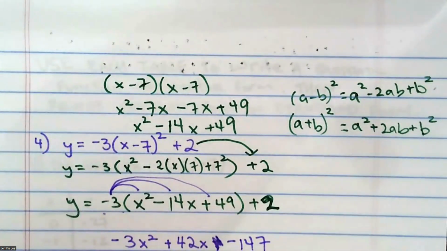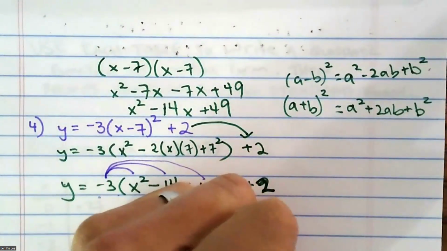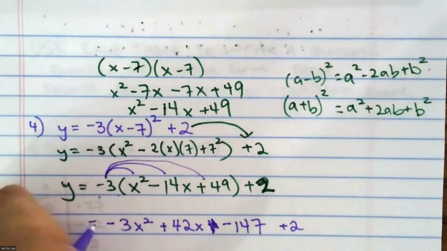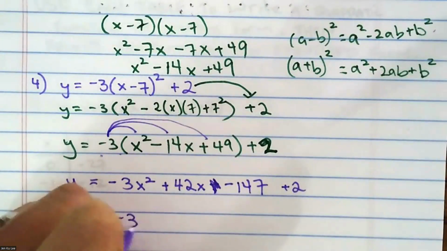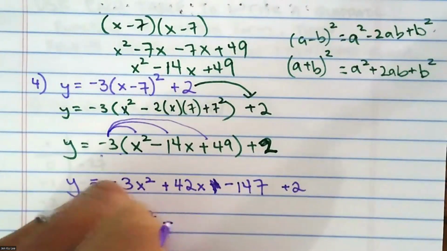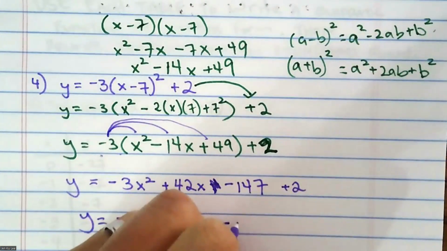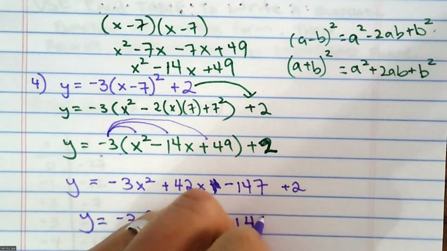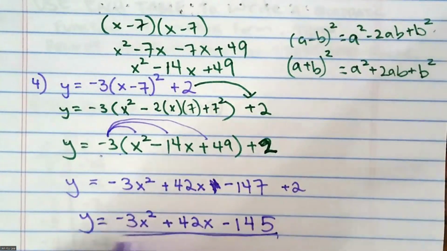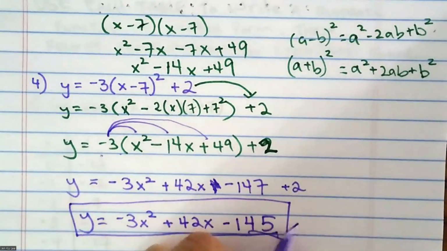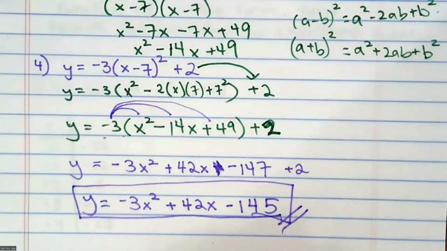Negative 3 times 49. And then the plus 2 equals y. Gathering the like terms and cleaning this up, y equals negative 3x squared plus 42x minus 145. Okay, so that is my standard form of that one.